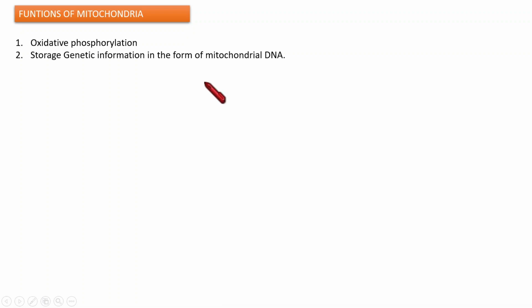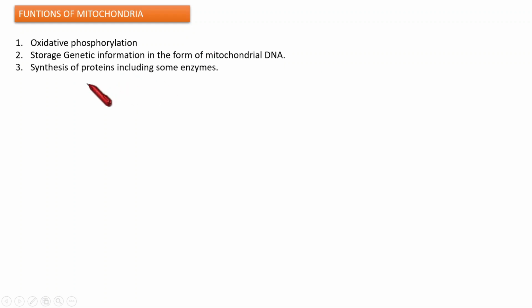What comes next? It stores the genetic information. How? In the form of mitochondrial DNA. Mitochondria also possess their own DNA, which we learned in the beginning of the chapter itself. So in that way, it holds a little genetic information.